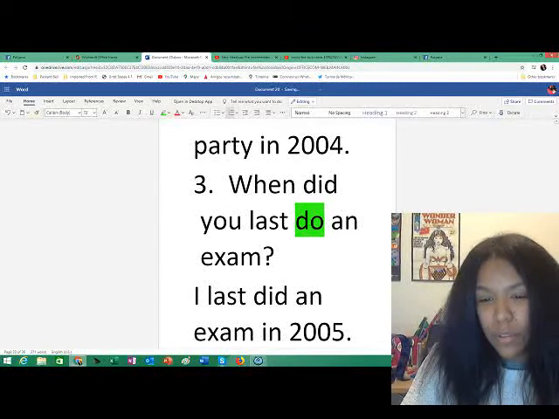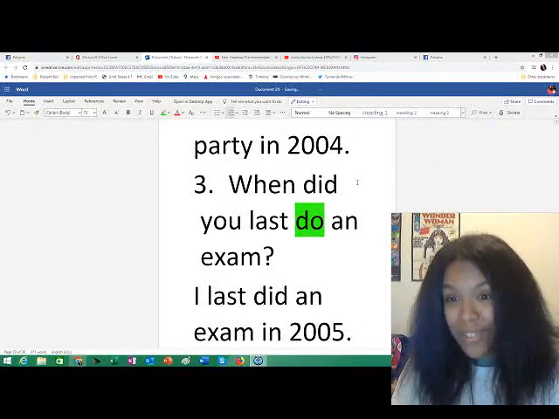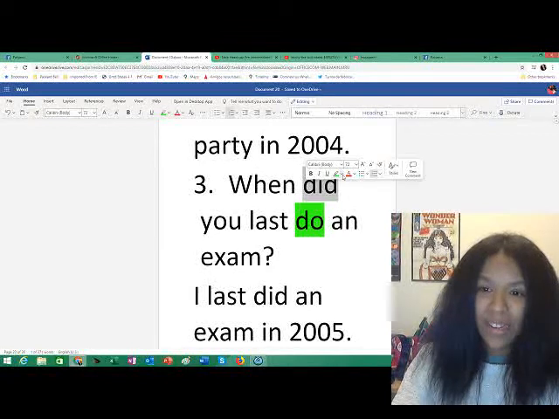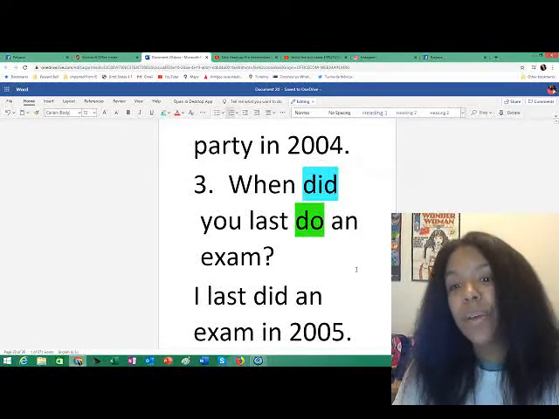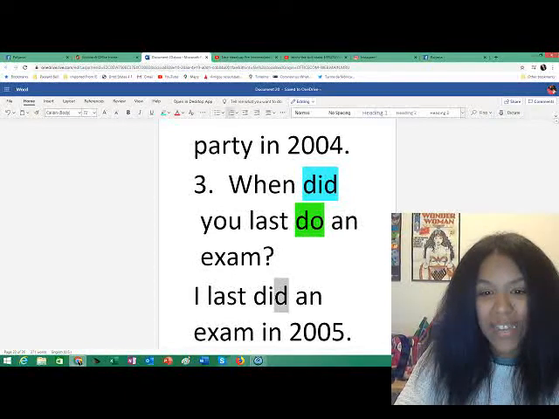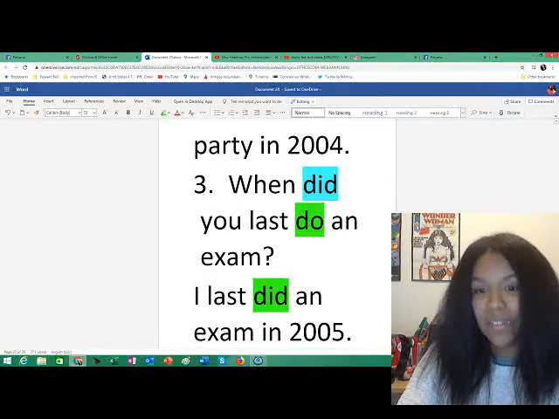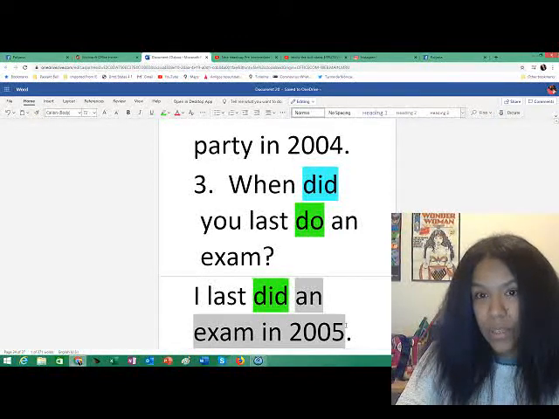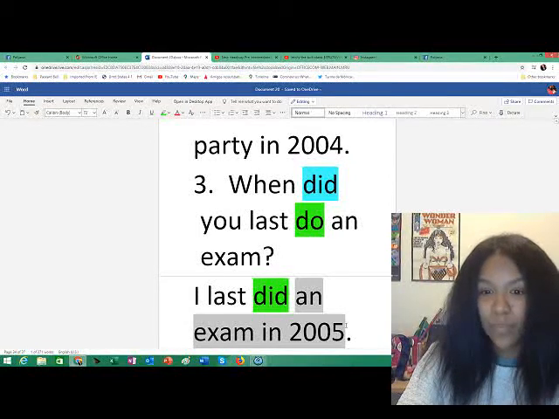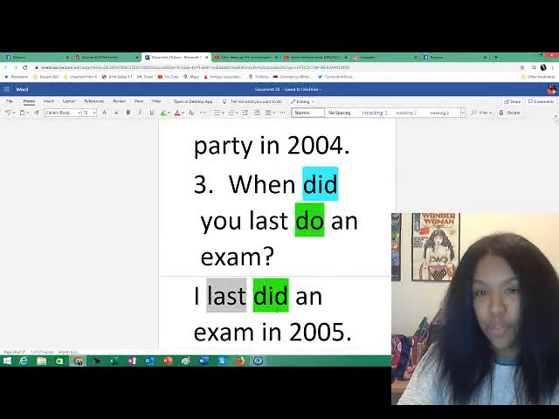And it might be a little confusing because we have did here as an auxiliary verb, hjälpverb, auxiliary verb, and we have did here just as the main verb in the sentence. In the sentence, I have the subject, I, did is the verb, and then we have other words here to complement that sentence. Last is an adverb that modifies the verb did.